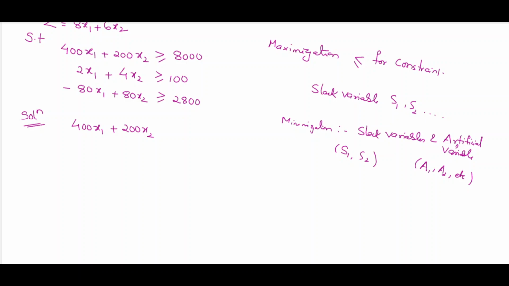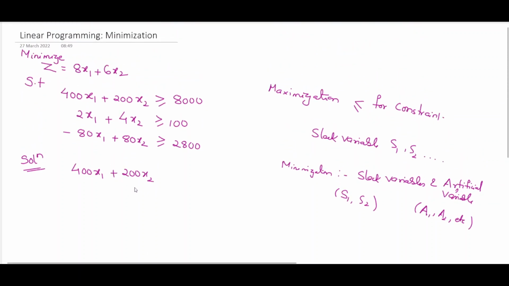So it is a general rule that if we want to convert the greater than or equal to symbol to an equation, you have to write minus s1 plus a1. When it is a greater than or equal to symbol, you will add minus s1 plus a1 is equal to 8000.